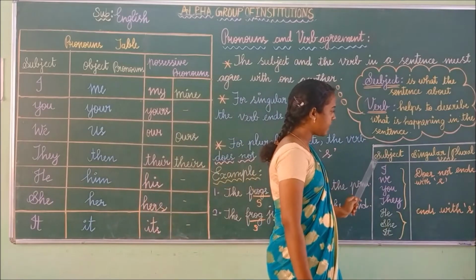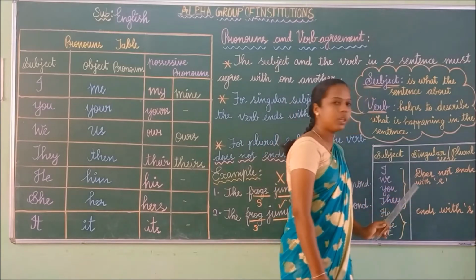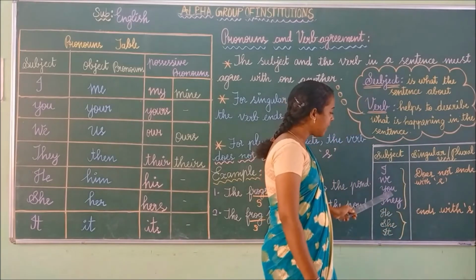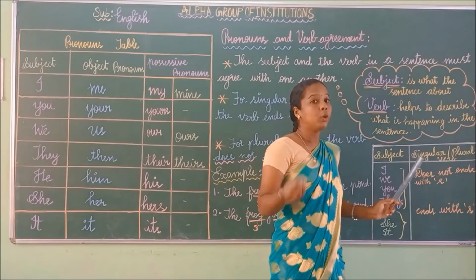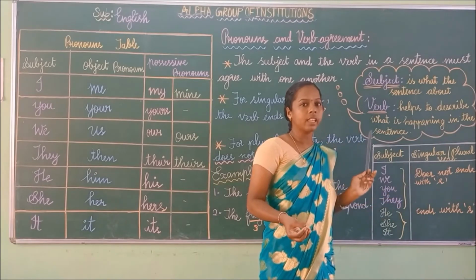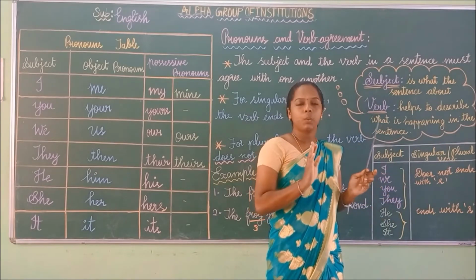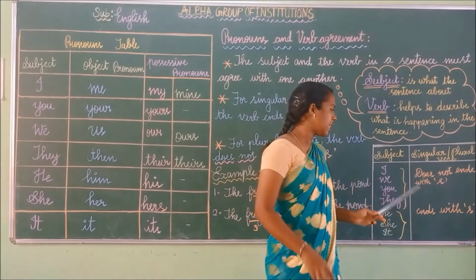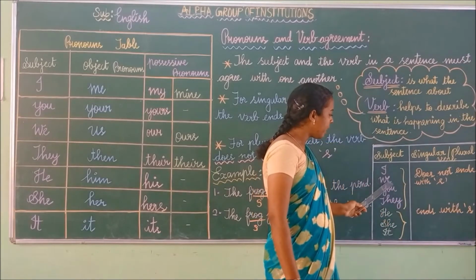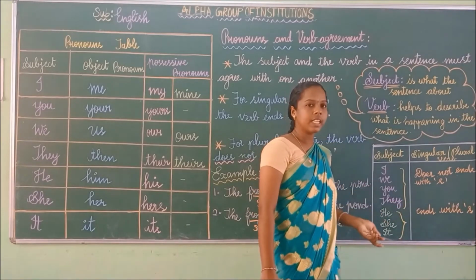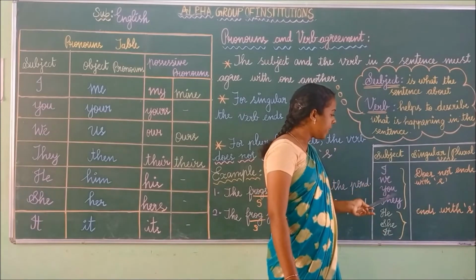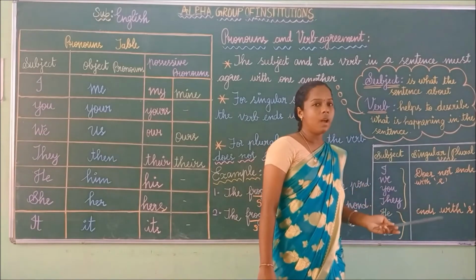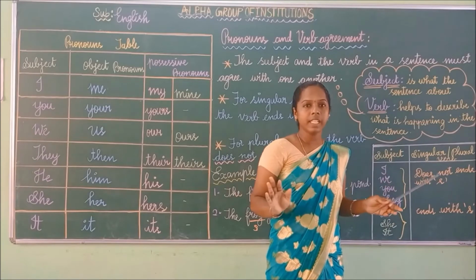Here, these are subjects, these are singular and plural verbs. I, we, you, they: these are plurals. If the subject is I, we, you, they, the verb does not end with "s".